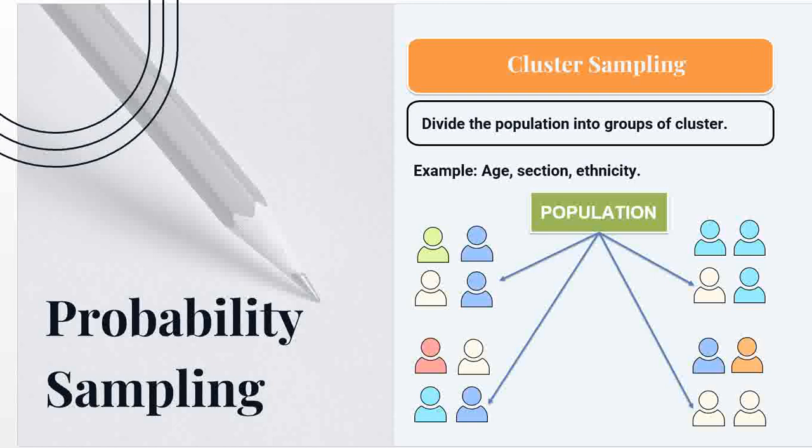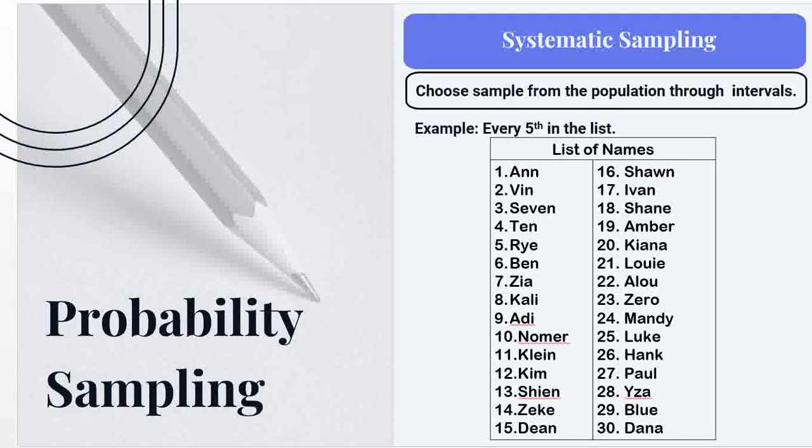Group them, let's say by age. Take all the 17 years old, 16 years old, 20 years old from your 200 population, and then you choose from each of these subgroups your sample. Again, how will you know how many to take from a cluster or group? You will use Slovin's formula, which I'll be teaching you next time.